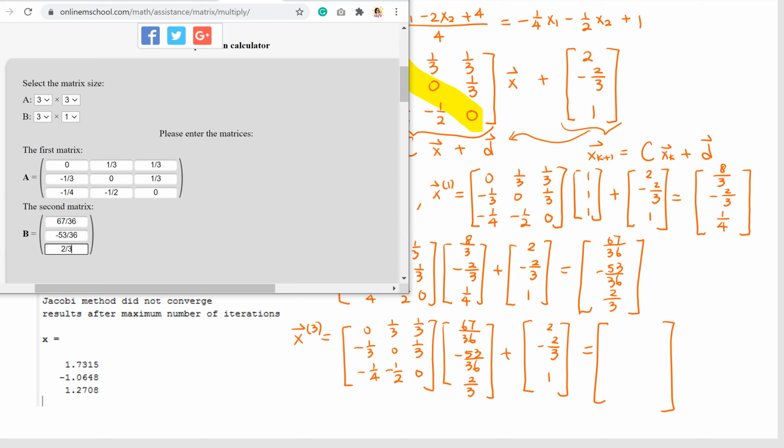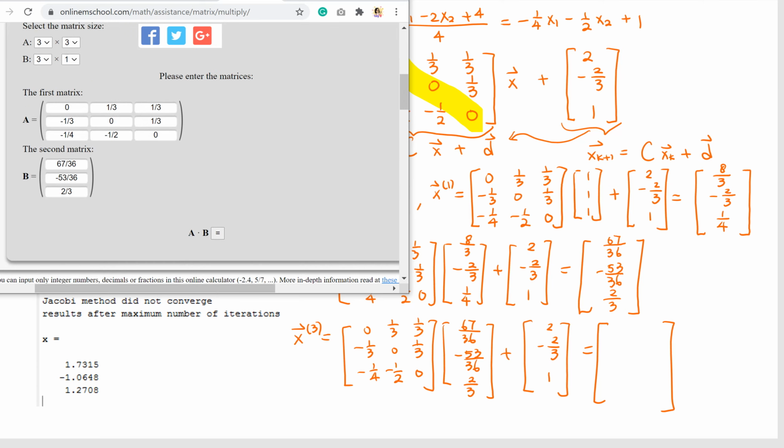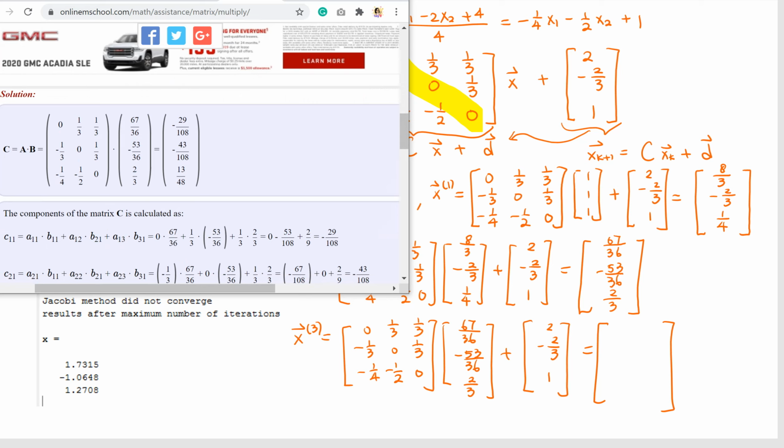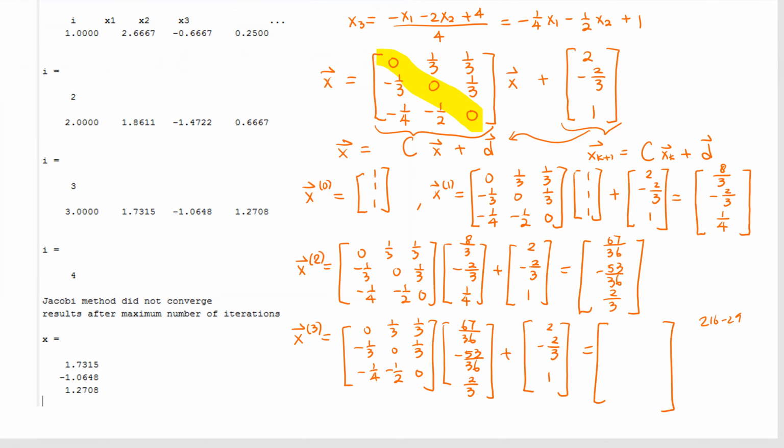Excuse me, and let's see. So 108, 2 is like 216 over 108. 216 minus 29 gives 187.